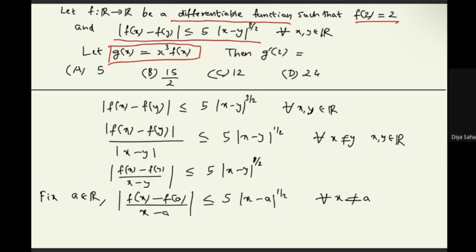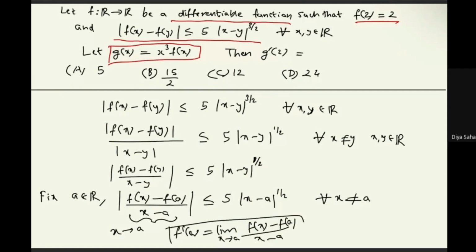Now, as she said, what we need is the limit of this quotient as x tends to a. We want to see where it goes as x tends to a. That is the value f dash a, because by definition f dash a is the limit as x tends to a of f of x minus f of a by x minus a.